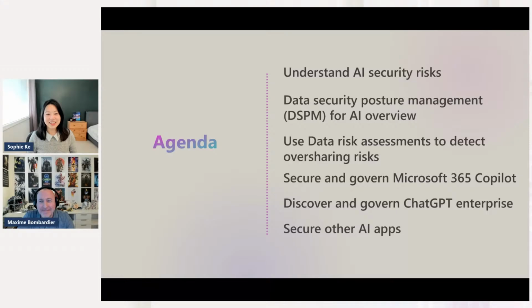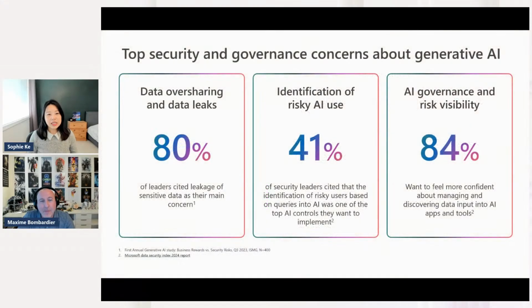Let's get started. All right, so first let's talk about the top concerns that we're hearing from our customers and partners like you. So hopefully you've seen this before and you've heard this before, either from your own end users or your own organizations or your customers. So the top concern is oversharing.